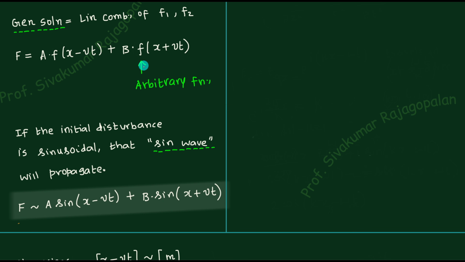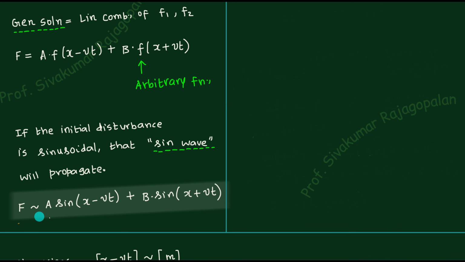So f represents any function, that is, an arbitrary function. Now instead of having that kind of chaotic situation, we will make it very particular: let us generate only sinusoidal waves, in which case I can write either a sine wave or a cos wave.